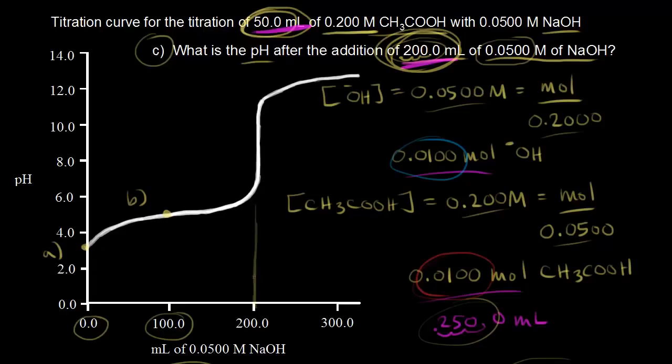So the equivalence point should be somewhere in there, right about there, about 8.67. So that's our equivalence point for a titration of a weak acid with a strong base for this particular example.